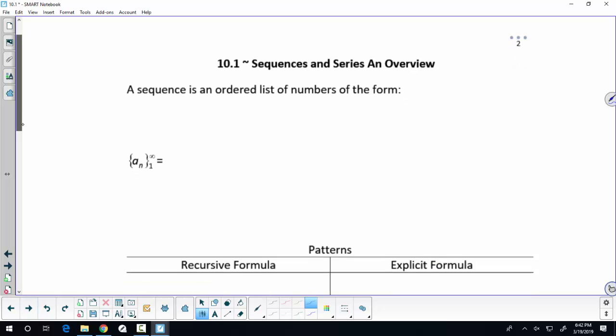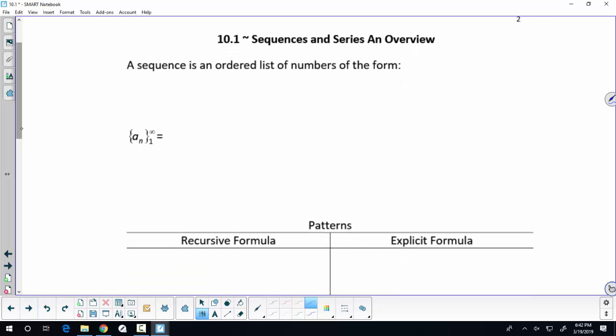So a sequence, like we said, is just an ordered list. So I'll just write our example down again, as one specific example. The patterns we're going to look at are recursive formulas and explicit formulas.